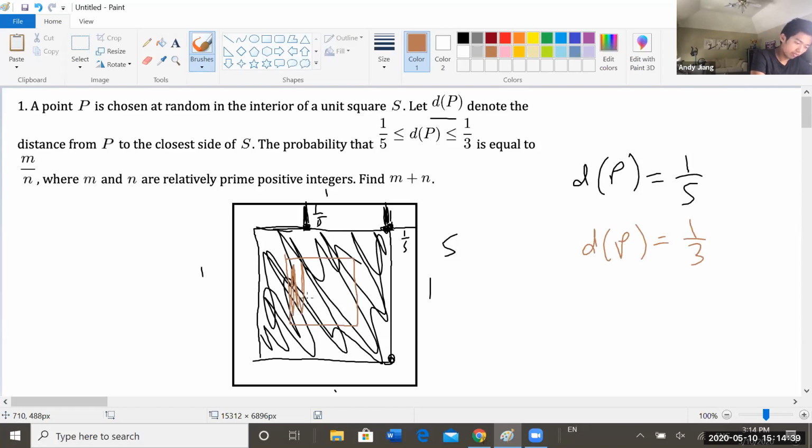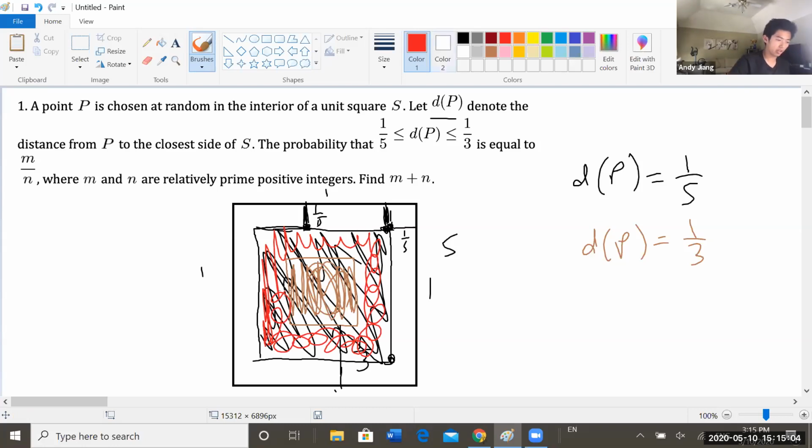And that's right there. Again, same reasoning. Each point is 1/3 away from the closest edge. And now what we're looking for is the area inside the black square, but outside the brown square, because it's between 1/5 and 1/3.